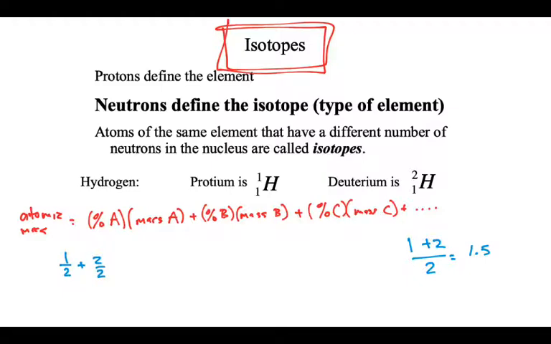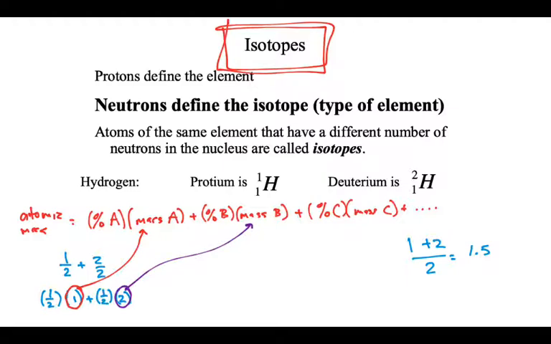I'm going to say that's actually 1 over 2 times 1 plus 1 over 2 times 2. That 1 is the mass of A. That 2 is the mass of B.